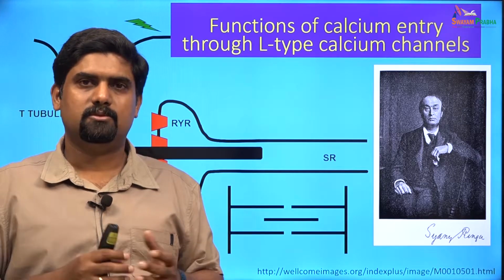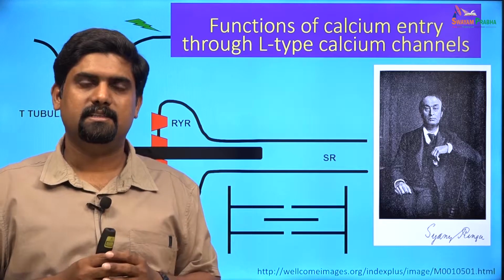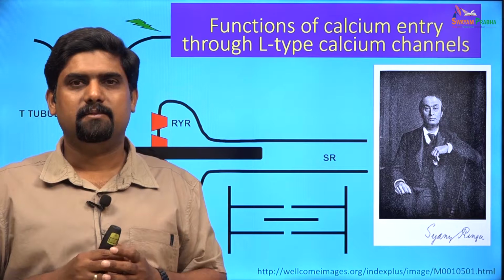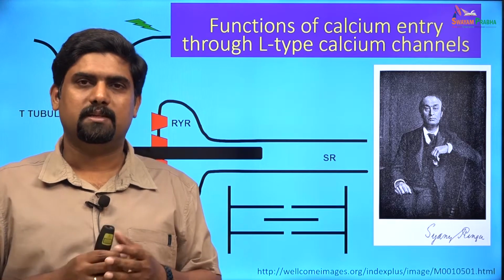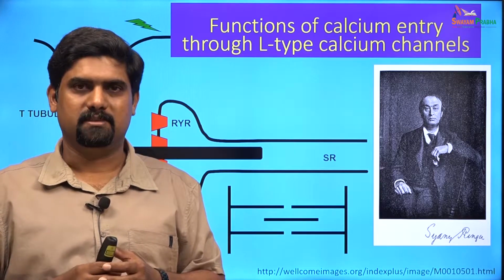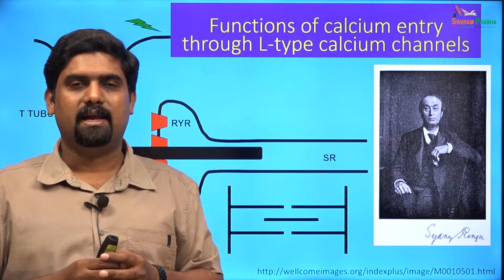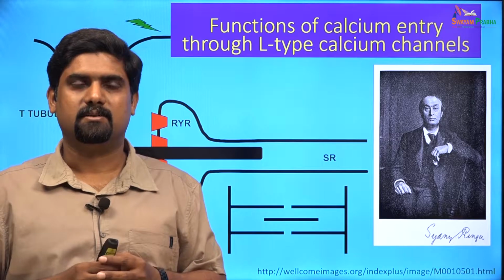But when he used solutions prepared by his technician, the hearts were contracting. He later realized that he was actually taking water from the tap and using it for the experiments. The London tap water contained large amounts of calcium, and that calcium was able to cause the contraction of the heart.